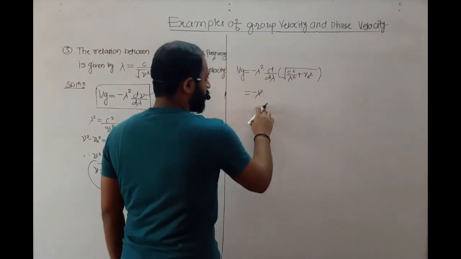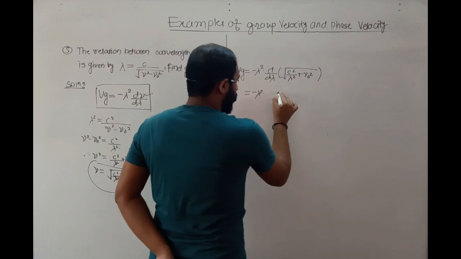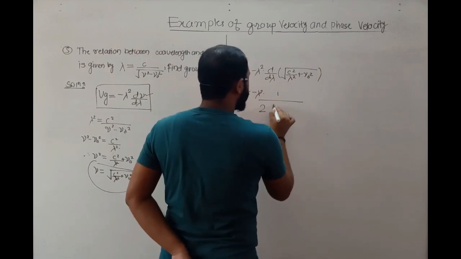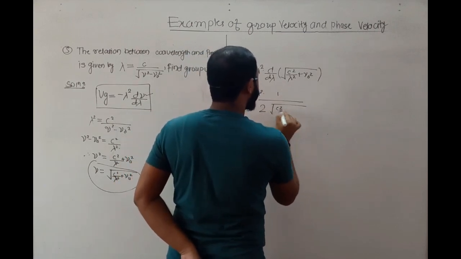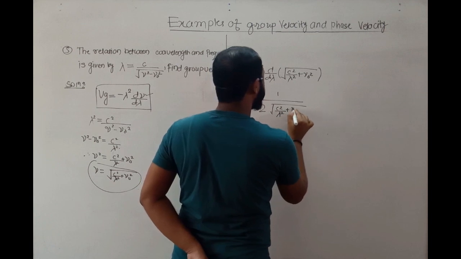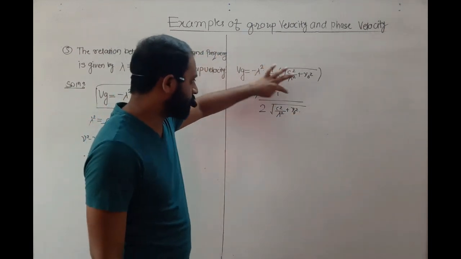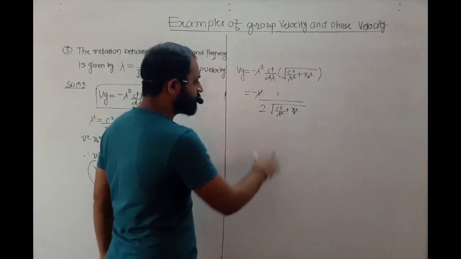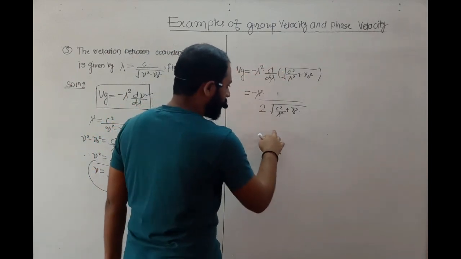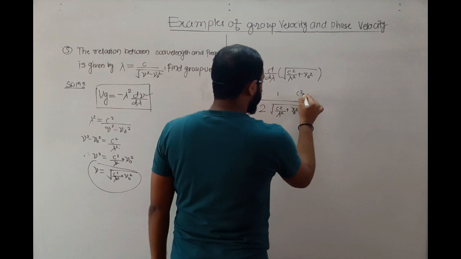Now, 1 upon 2 root of c square by lambda square plus nu naught square. This is the derivative of the square root, but there is an inner function, that is lambda square, also here, that is c square as it is.